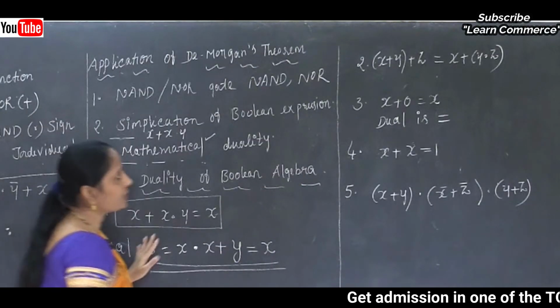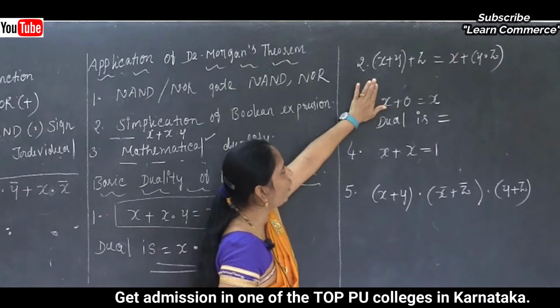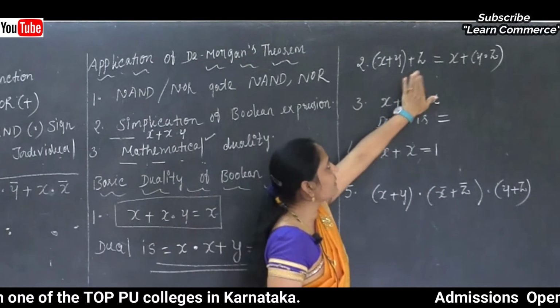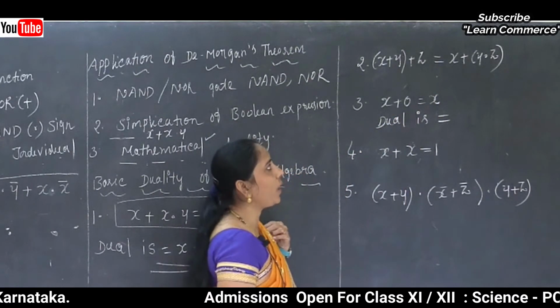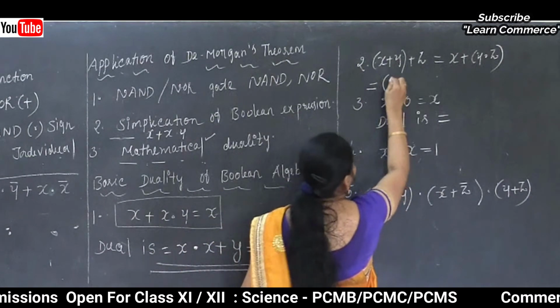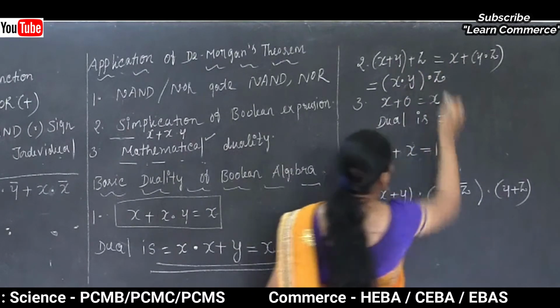And now let's go to our next question. The next question is: opening of the parenthesis, x plus y, closing of the parenthesis, plus z is equal to x plus opening of the parenthesis y and z. So we can say that the dual is x and y and z.